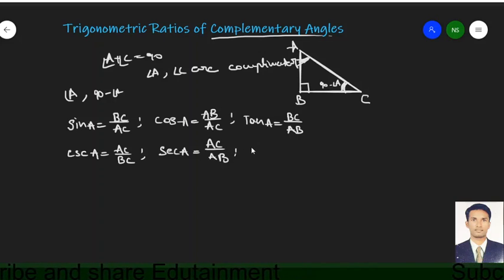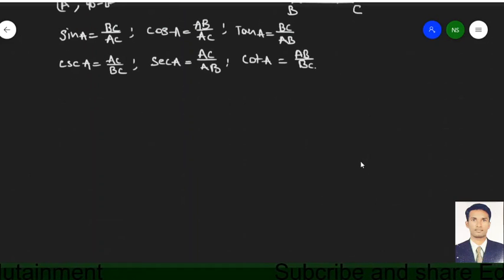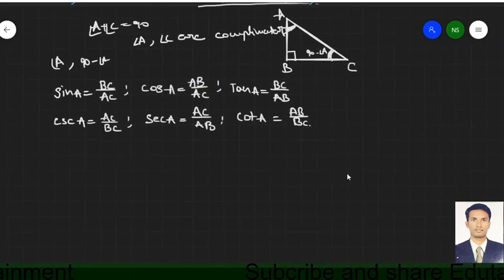Then cotangent A, which is the inverse of tan, AB by BC. Now I will write the same thing based on angle C.